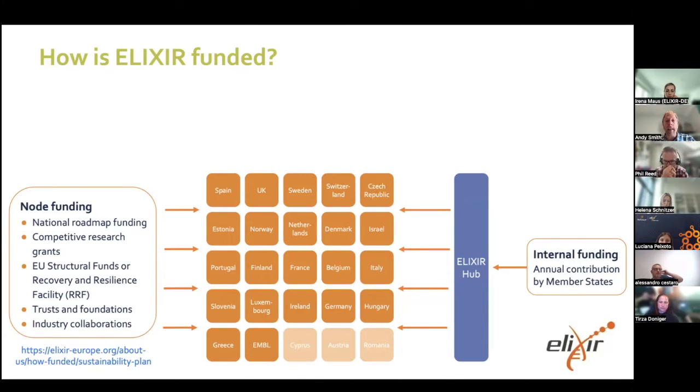So they are provided by the nodes, and the nodes themselves get funding through multiple different streams. So sometimes they get national funding as a result of being part of Elixir from their national funders. Sometimes they have to submit competitive research funding applications. Sometimes they might collaborate with industry, or they might use EU structural funds for certain regions, or they might get funding from charitable foundations as well. So there's a lot of different mechanisms and channels that nodes can use to try and access funding.